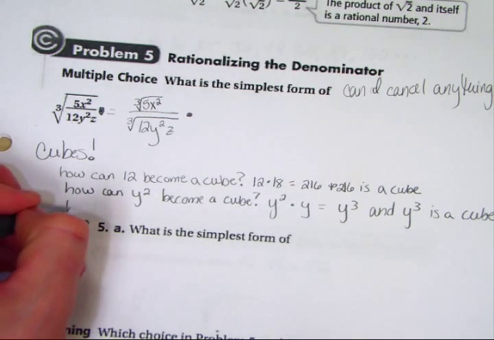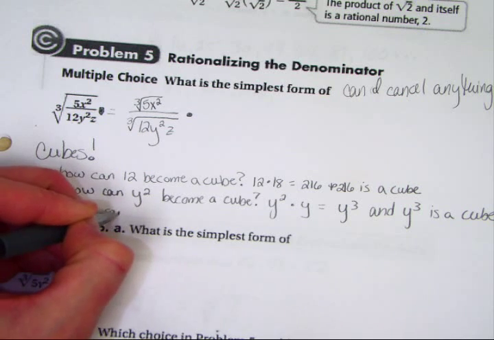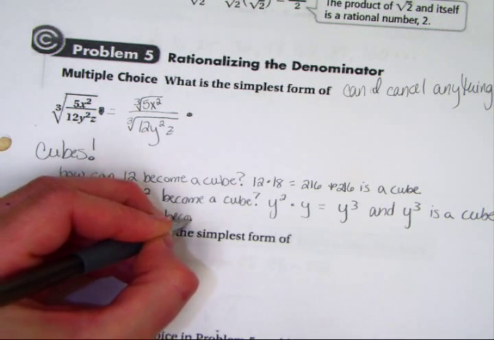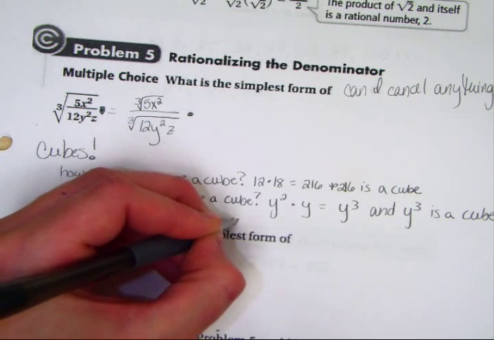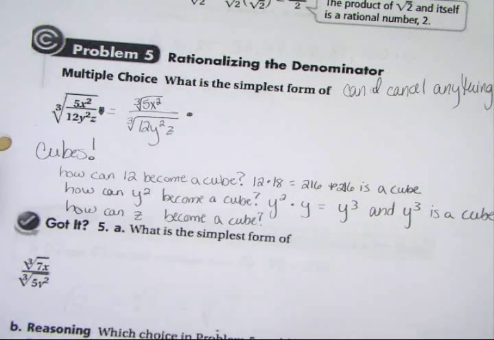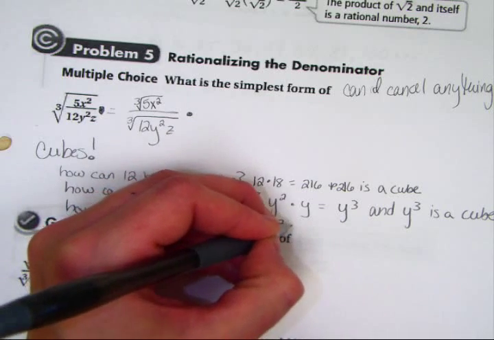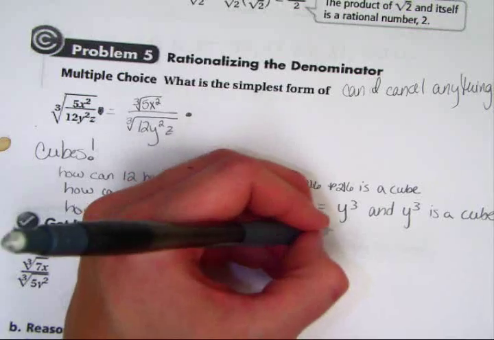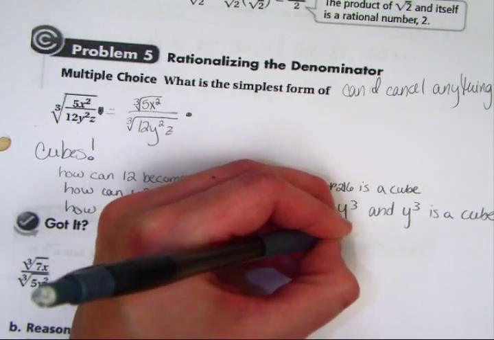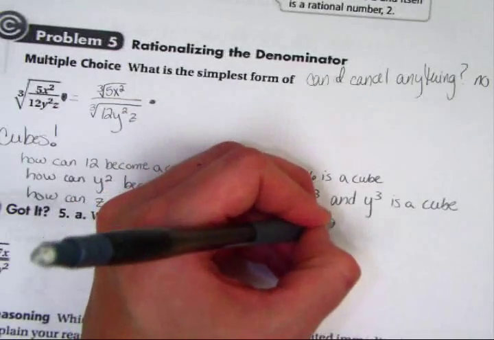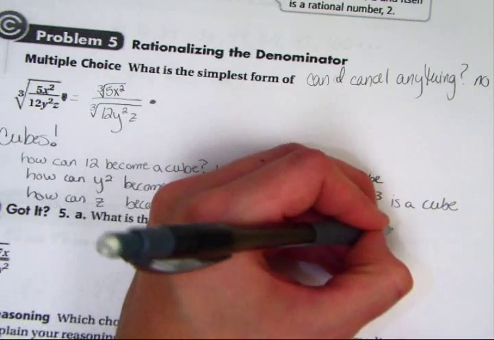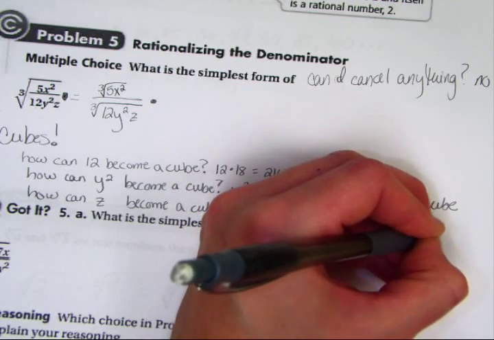Next question, how can z become a cube? Well, z times z squared would be z to the third, and z to the third is a cube.